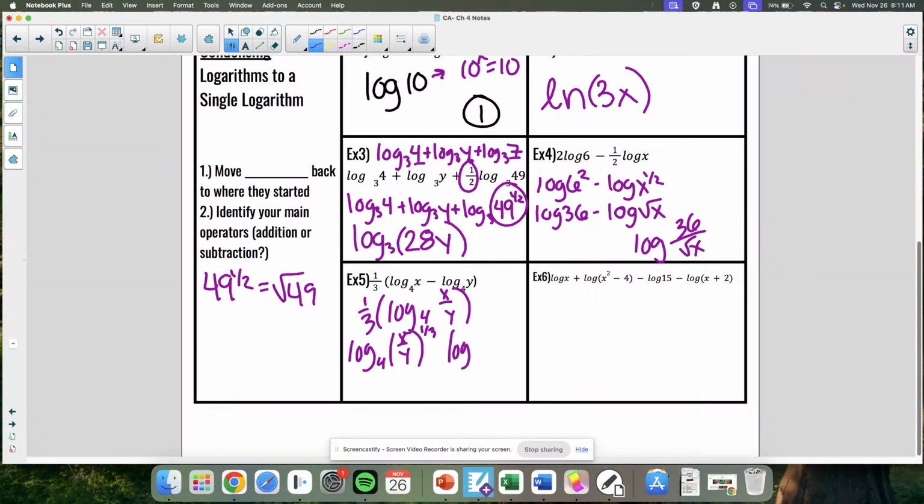Or you could write it as x to the 1/3, y to the 1/3. Doesn't matter. You can leave it as the fraction with the 1/3, or you can just put it on both of them individually. Main thing is, what radical is the same as a 1/3 power? Cubed root. So, two ways you can write this.